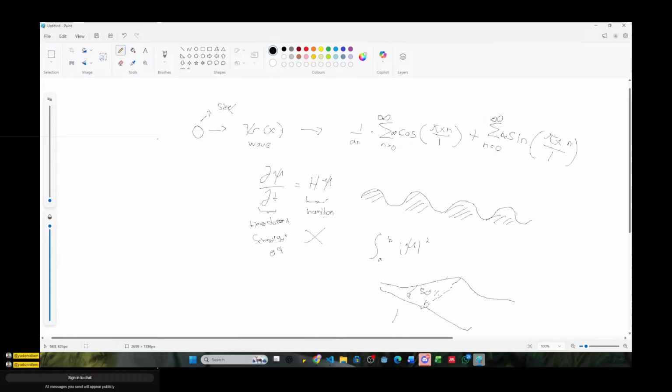This is the Gaussian distribution function: one over the square root of 2 pi, e to the negative x minus mean squared, divided by 2 standard deviation squared. This is the Gaussian function that makes this graph.